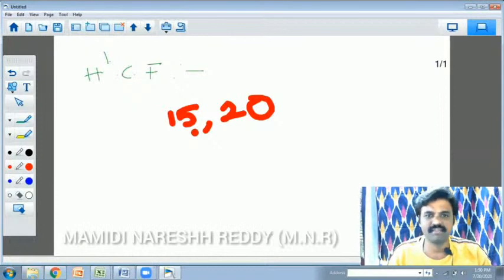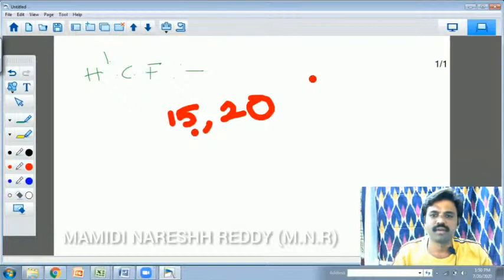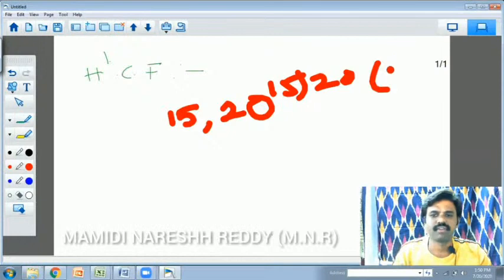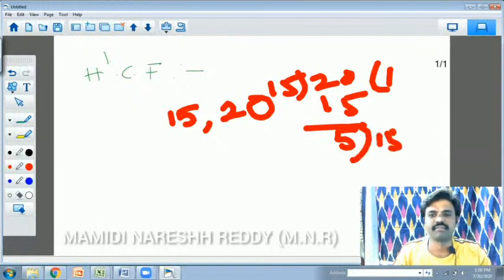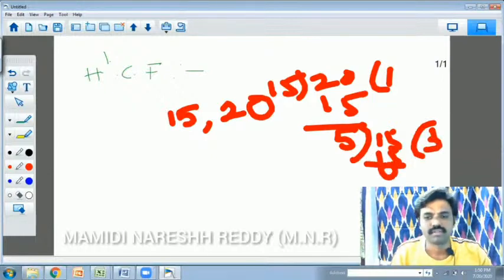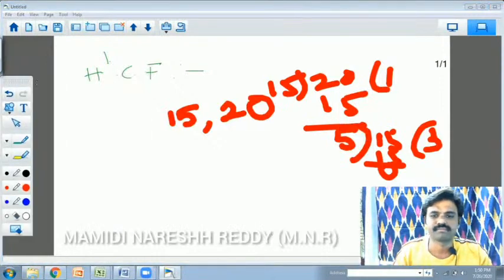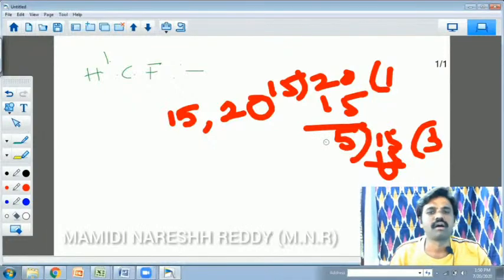Generally, we divide 20 by 15. 15 ones are 15, and the remainder is 5. Again, with 5, we divide 15. 5 threes are 15, so the remainder is 0. So here we consider 5 as the HCF.